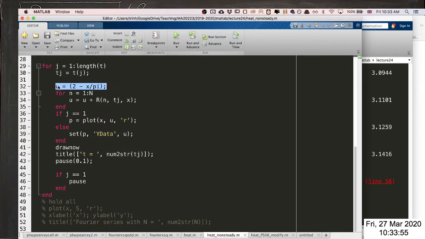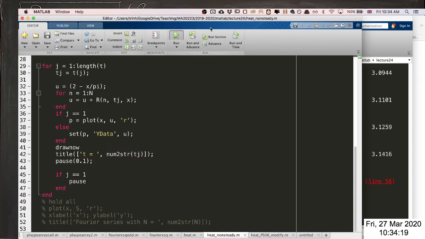You have to remember that you want to plot u, which is u hat plus a capital U of x. So this is the capital U of x, the steady state solution. And then it just runs through each element of the series and adds on each element, so u plus r with a different value of n for each of the different n's from 1 to capital N. And then it plots everything.